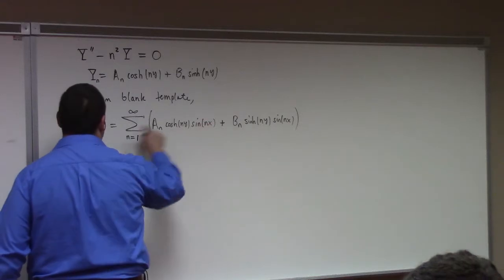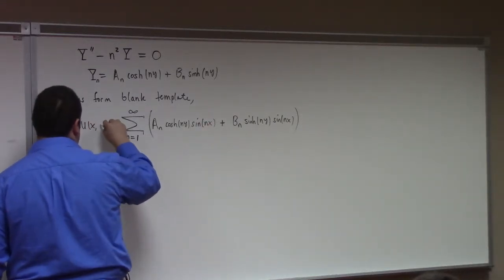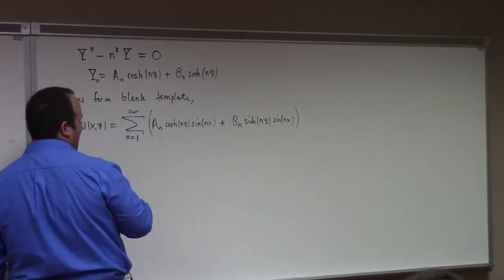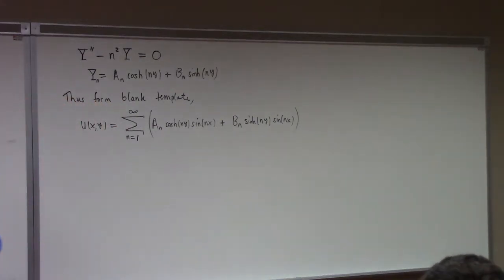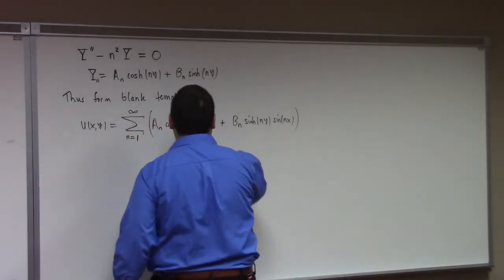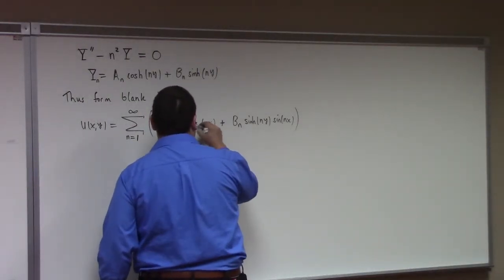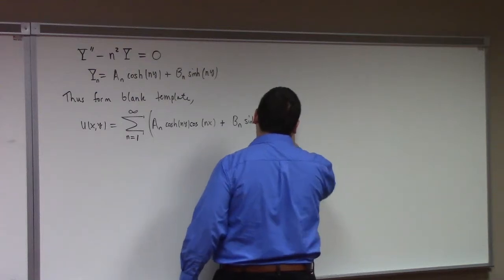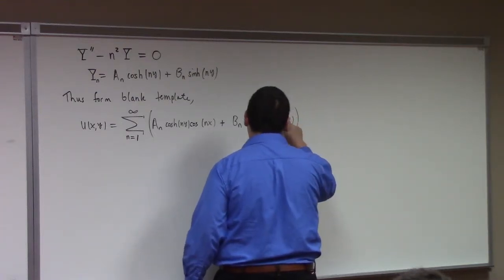I thought I wrote it over there. That would have been more offensive to me. But yes, it's supposed to be a y. Very good. The other thing: cosine, right? Because it's the 0 derivative at the endpoint. So I'm supposed to have cosine nx, yeah? All right. I think I've fixed it.